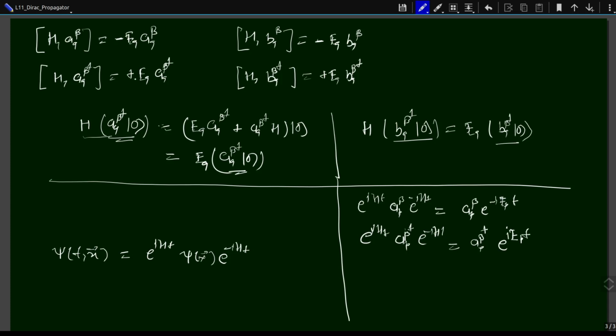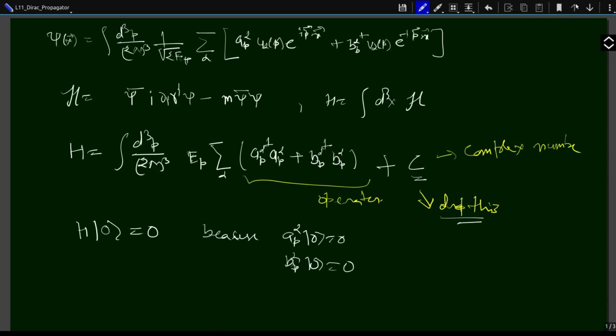So look at the sign of the commutator: if the sign is negative, you have exponential minus i E_p t, and if the sign is positive, you have exponential plus i E_p t. That's the only operator that transforms non-trivially under the Hamiltonian operation; other things are just complex numbers. So in this operator Schrodinger picture, the a's get an extra phase, exponential minus i p dot x, and b dagger gets exponential plus i p dot x.